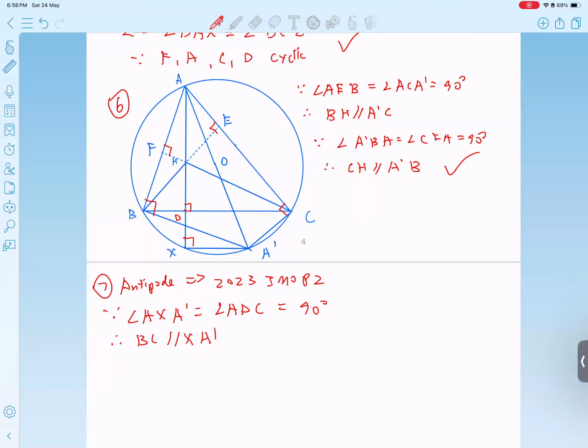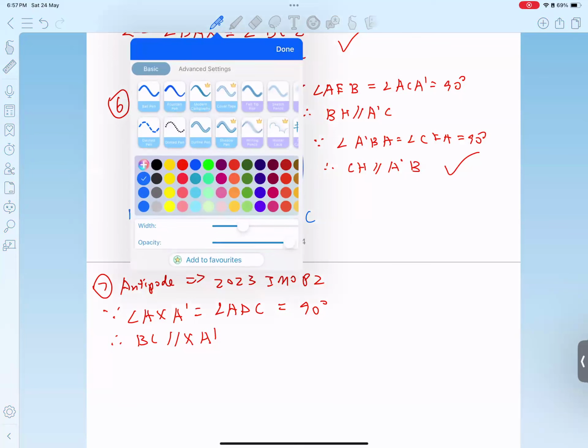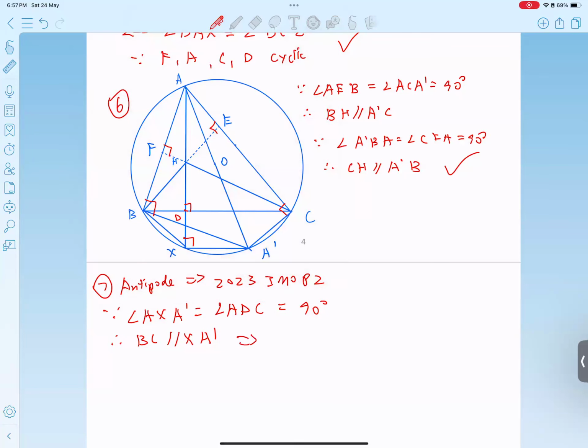Anyways, so we have BC parallel to XA dash, and so we proved the first part. We proved that BXA dash C is a trapezium. So we proved one part, and we proved that it is isosceles.